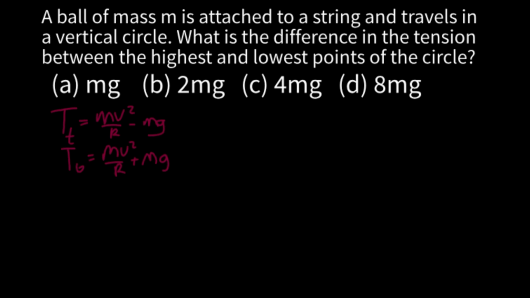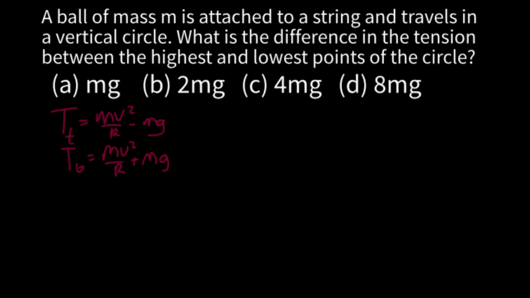However, at the bottom, where gravity acts outside the circle, the tension force must be greater, like I demonstrated with the 2g versus g. So we want to know the difference between the highest and lowest points for the value of tension.